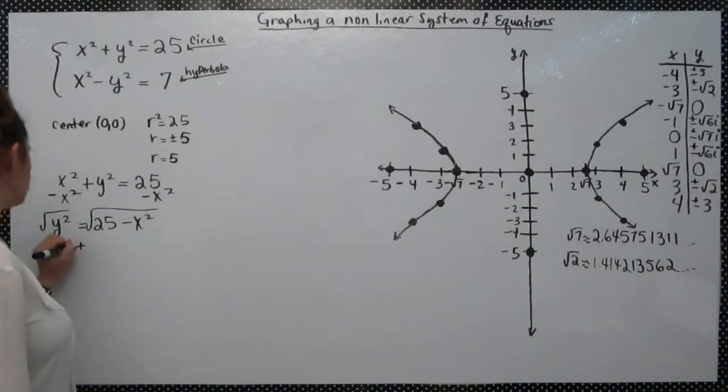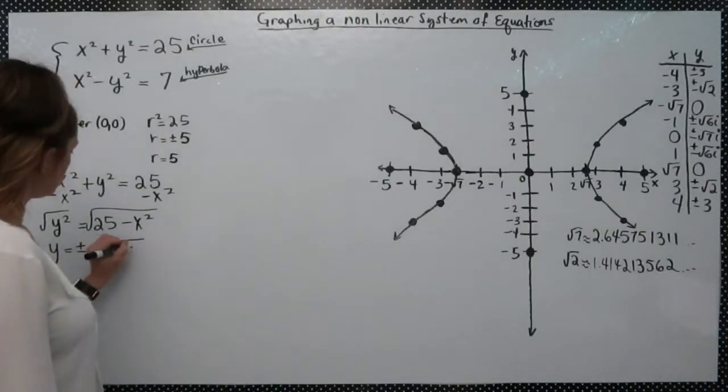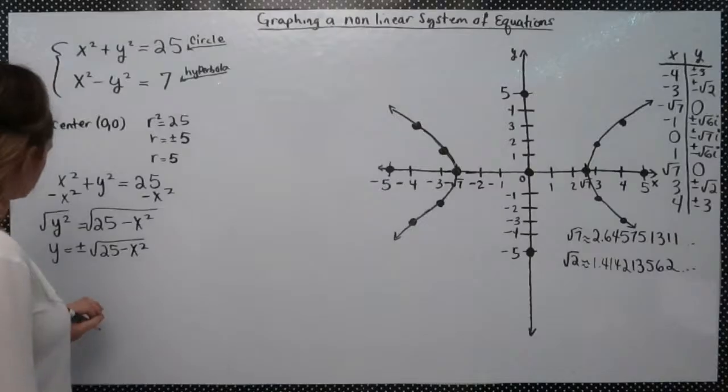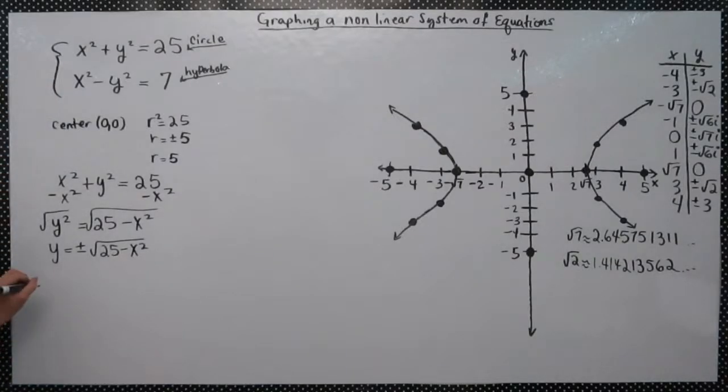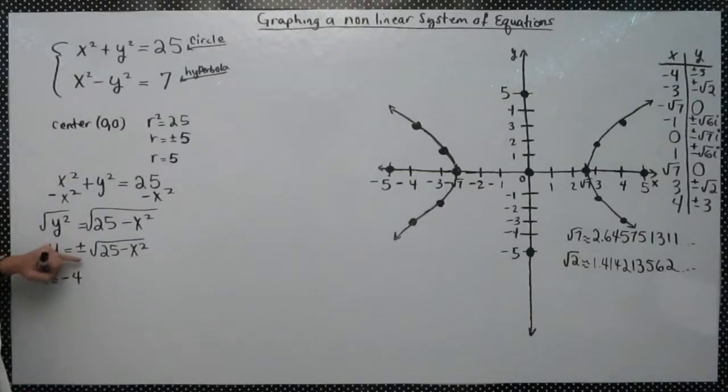And that'll give me plus and minus the square root of 25 minus x squared. So if I want to figure out what is going on when x equals -4 on my circle, then I'll just plug in -4 and we'll do the positive and then we'll just negate it, and that'll be a twofer.